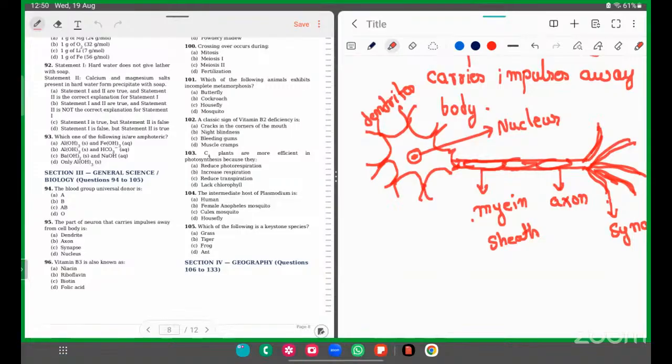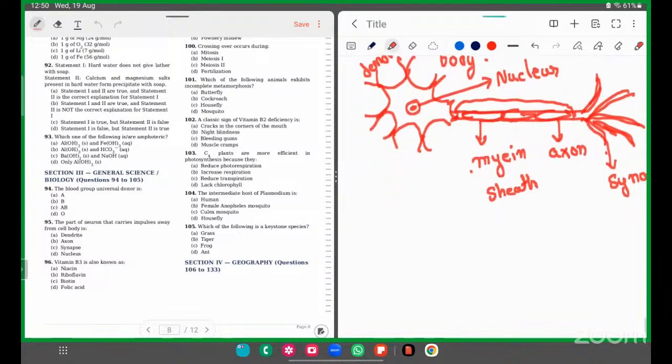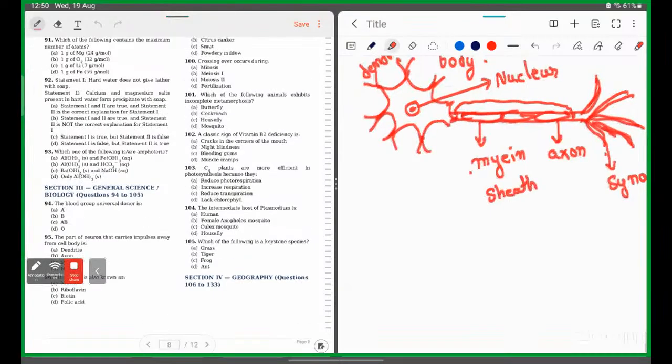So all these parts are called the axon, and these are responsible for carrying the impulses from the cell body. Means in the cell, these are the part that is specifically designed to carry the message faster. So the answer will be B, axon.